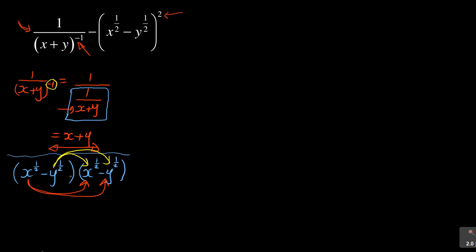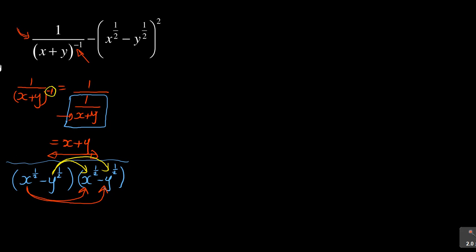So remember that. If I can now simplify my original expression, it will be equal to, remember we've already simplified that, the first one is x plus y, and then it's minus.